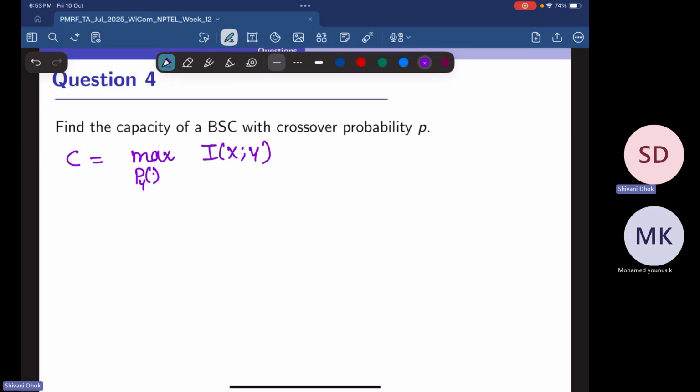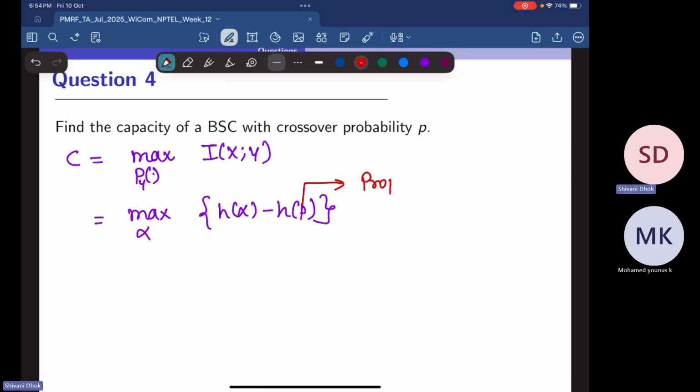Now, we had seen that this max over p of y is nothing but h of alpha minus h of p, and your p of y is a function of alpha, so I can simply replace it with alpha. Now this is a binary symmetric channel. This p is your crossover probability.